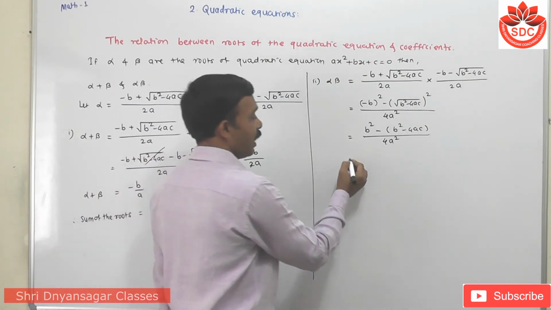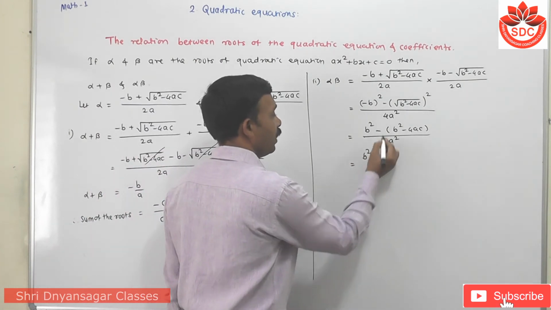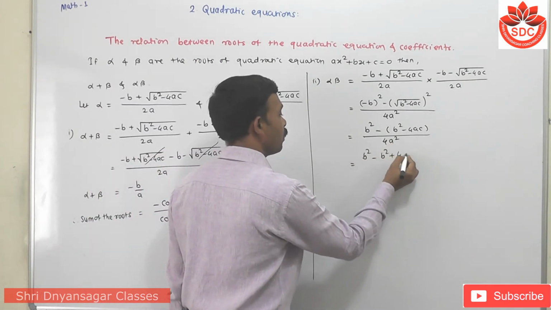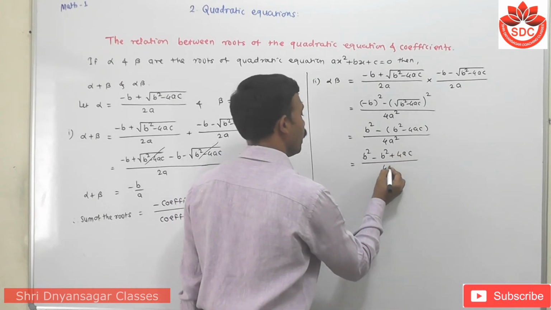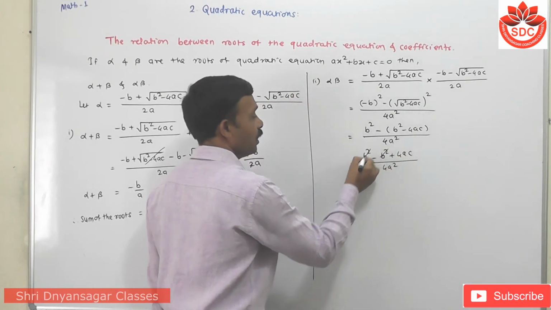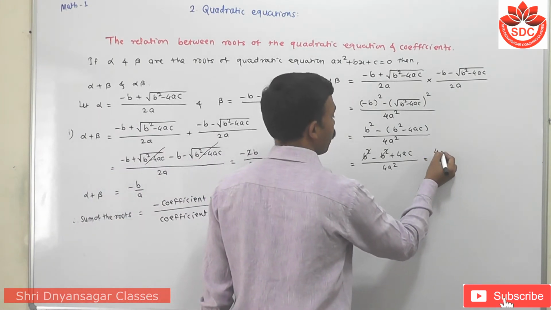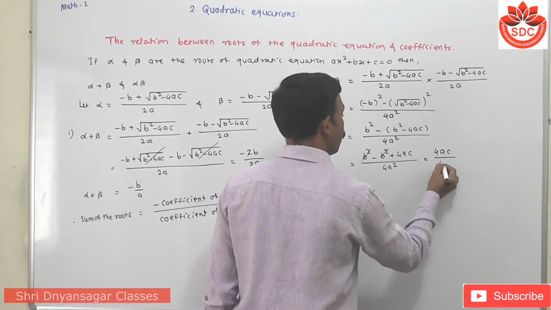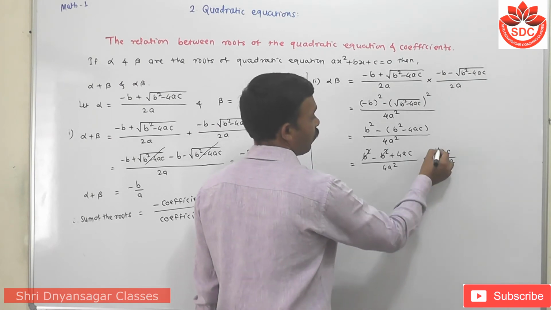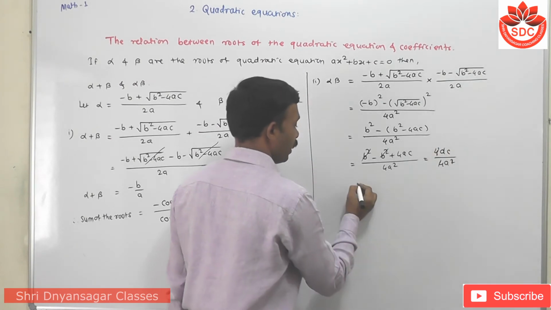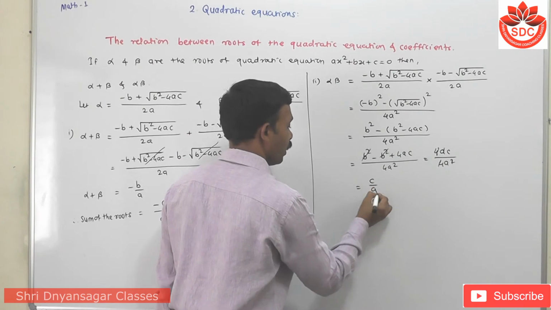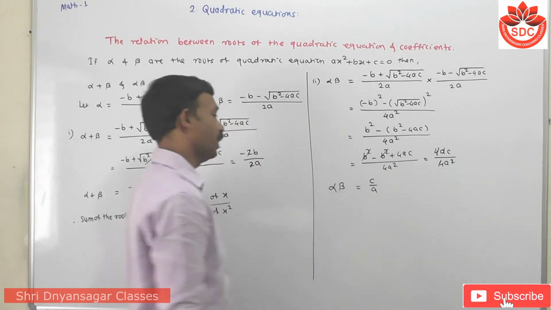Students, by using this sign we write b square minus b square plus 4ac upon 4a square. Then these b squares also get cancelled, so the value will be 4ac upon 4a square. Again 4 gets cancelled and one a gets cancelled, so c upon a. This is alpha into beta.